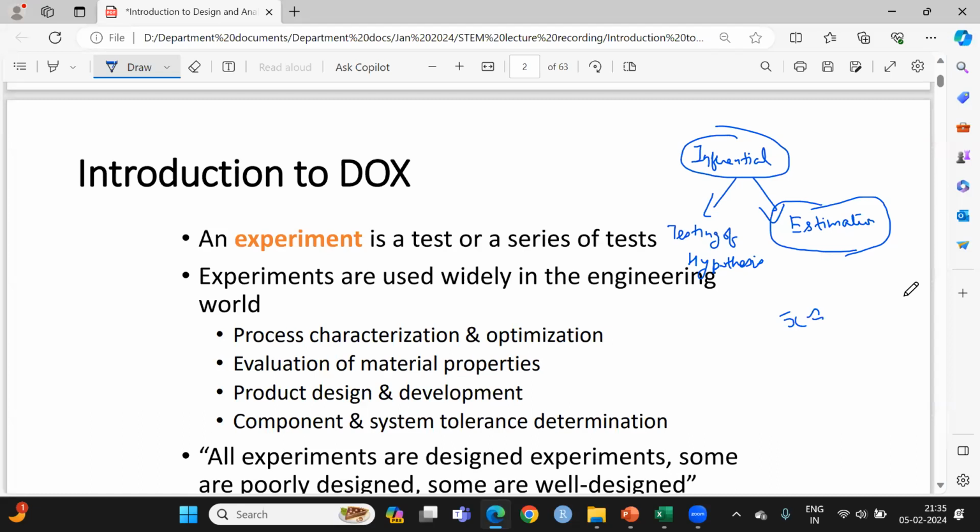So I can approximately say that this sample mean will be equivalent to the population mean.